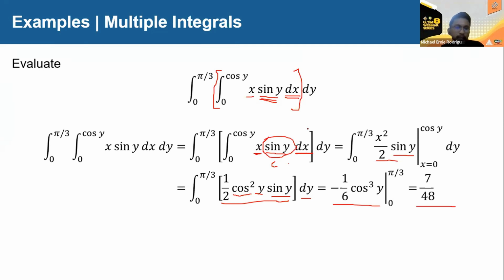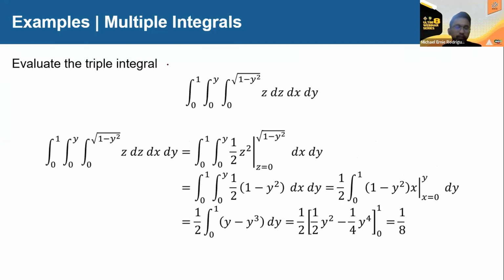Okay. And then, in this, evaluate the triple integral given. Okay. So in here, ito muna, ito muna nasa loob, hanggang dito sa dz. So we'll be integrating with respect to z. Okay, so say yung variable natin dito. So we can integrate this. So this is z squared over 2.